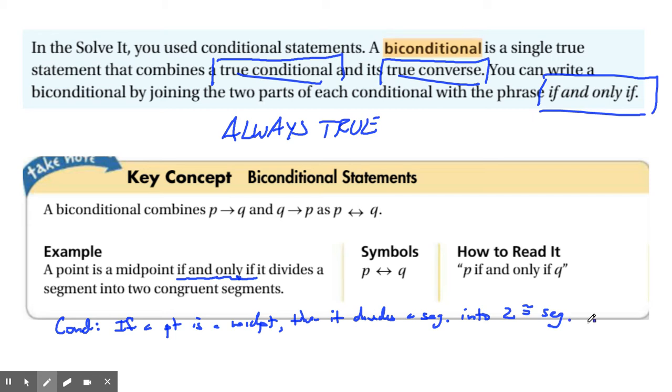I hope you don't mind the shorthand. Again, it's just your notes. So that is true, right? Because if a point's a midpoint, then it divides a segment into two congruent segments. A midpoint bisects a segment, splits into two congruent parts.